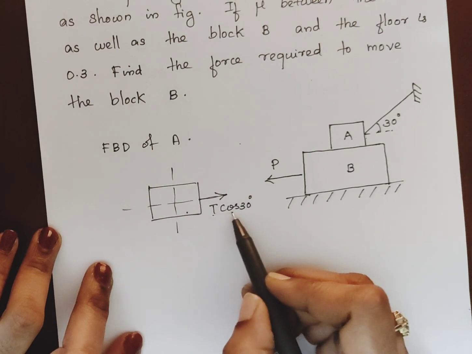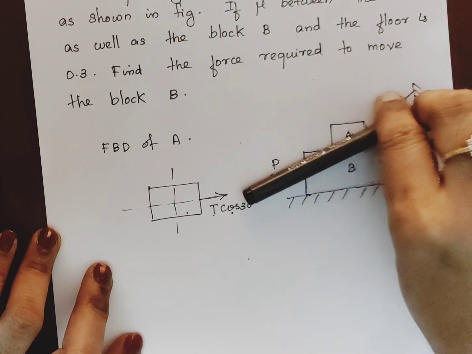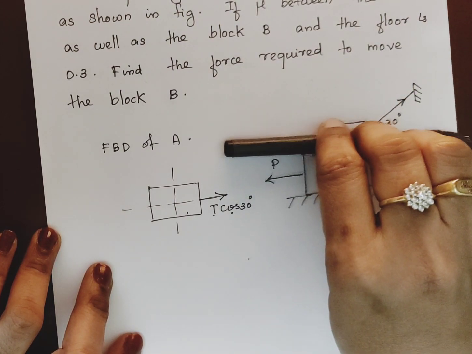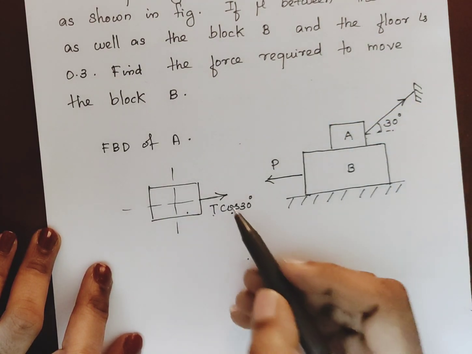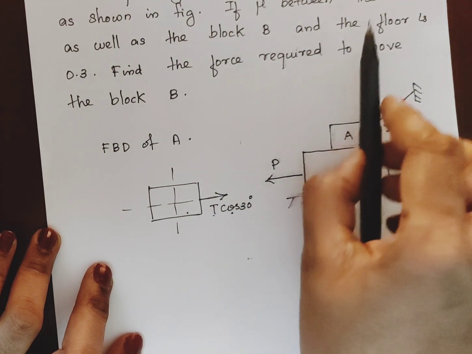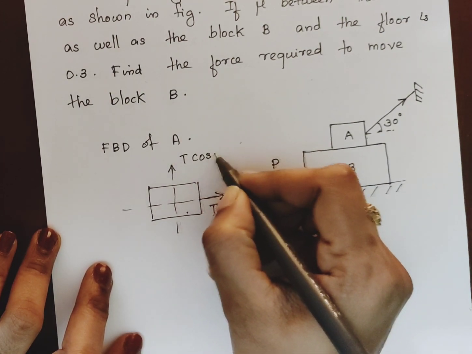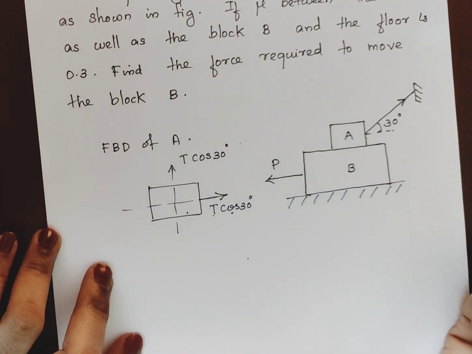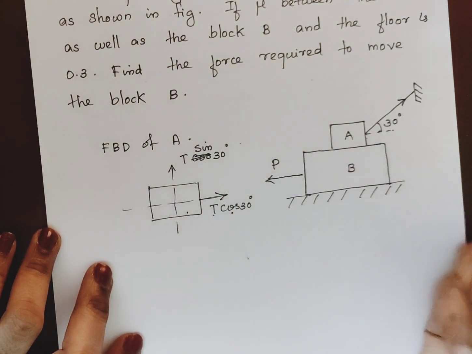Tension is acting in this direction. When you resolve it along the x direction, the force is acting towards the right, and along the y direction, it is acting upward. So that is T sin 30.